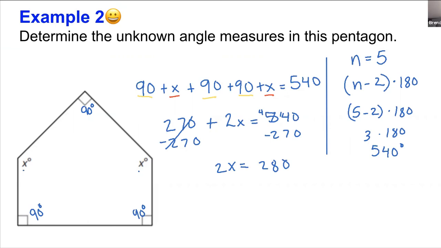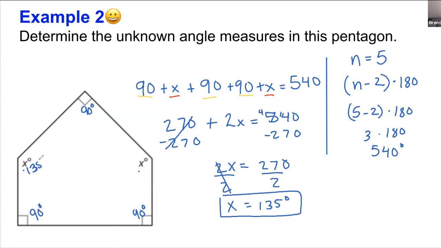For some reason, I thought 8. It's okay, guys. We all make mistakes here. All right. Divide by 2, divide by 2. x will now give us 135. Yep, 135. This means that each angle that we have here inside of our pentagon measures 135 degrees.